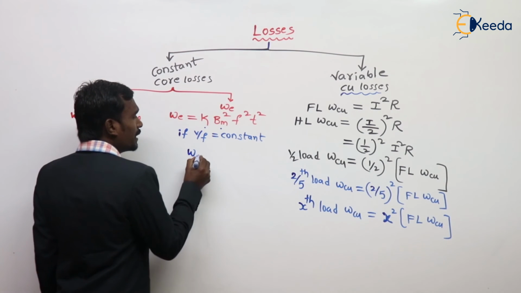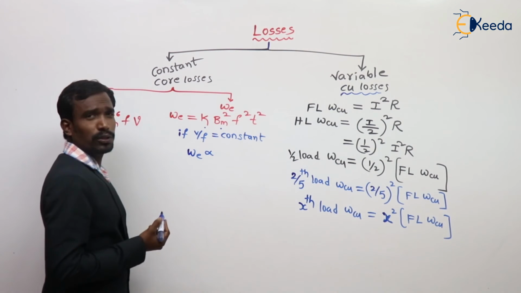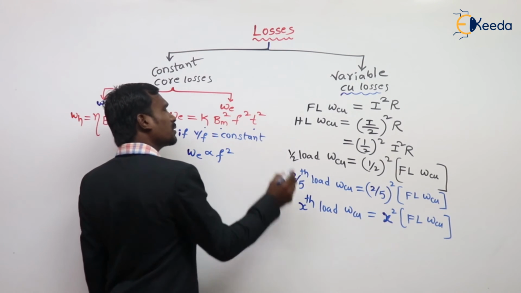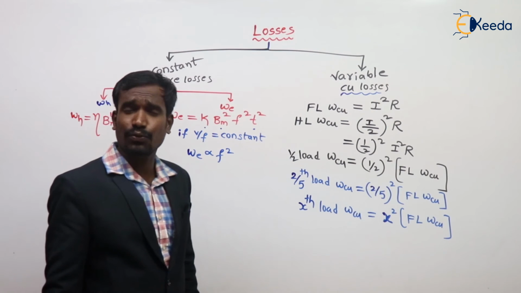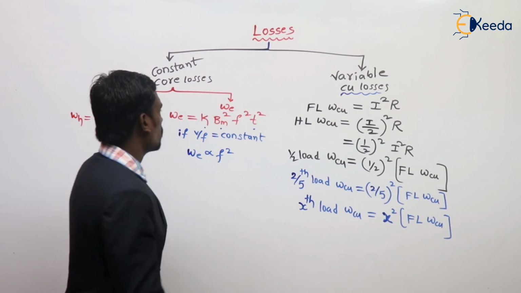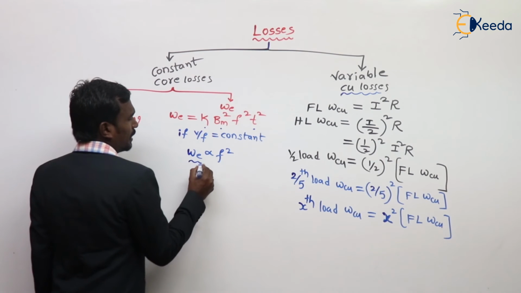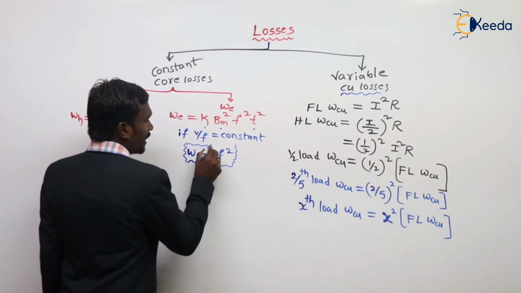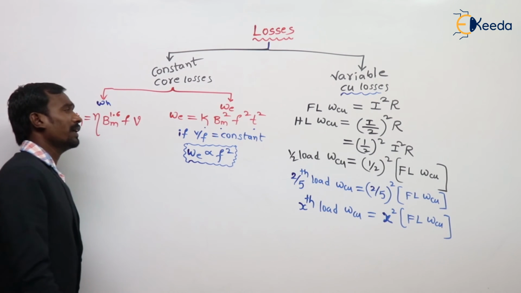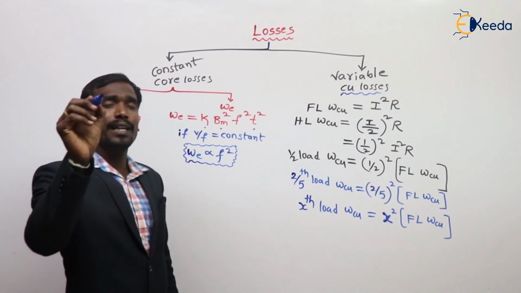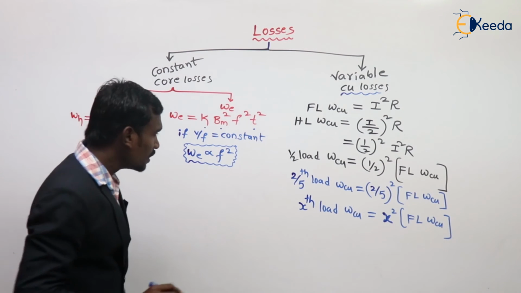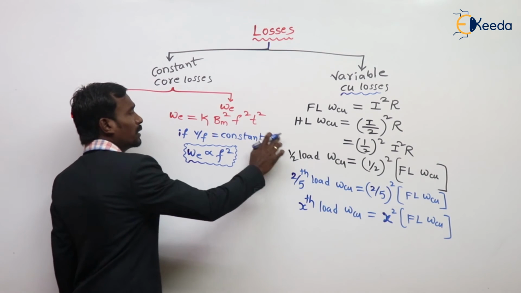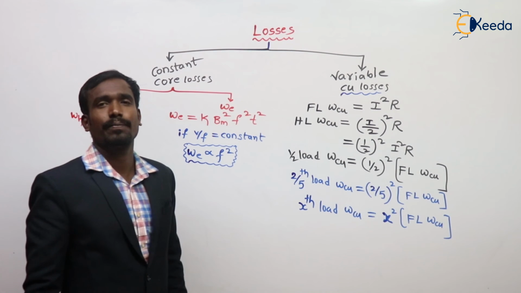Then eddy current losses are directly proportional to F square. Of course, the thickness is also constant, we won't change it once the transformer is manufactured. So all are constant, and the eddy current losses are directly proportional to F square when the V by F ratio is constant. Very very important. When the V by F ratio is constant, the eddy current losses only depend on frequency.